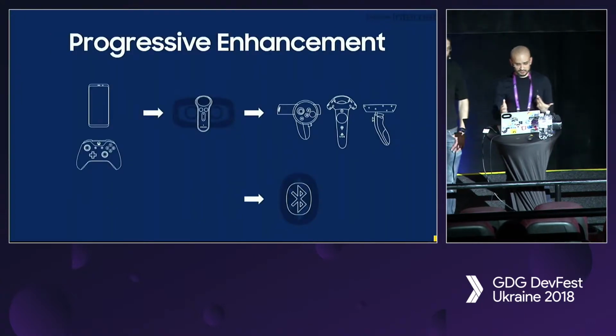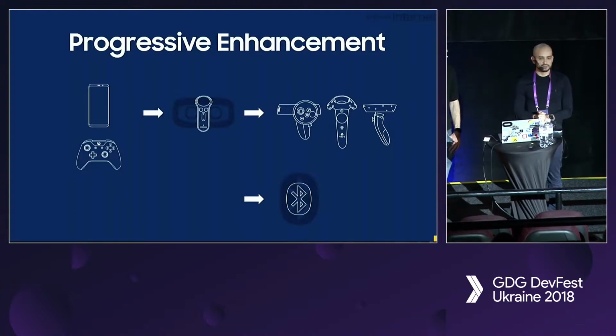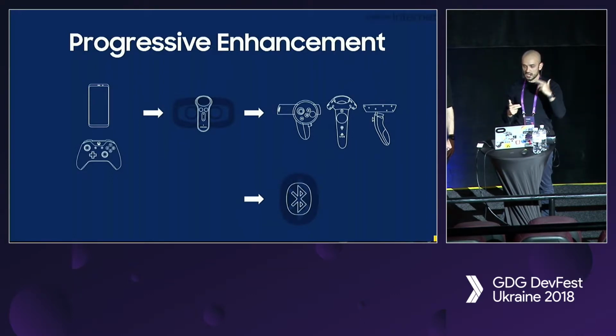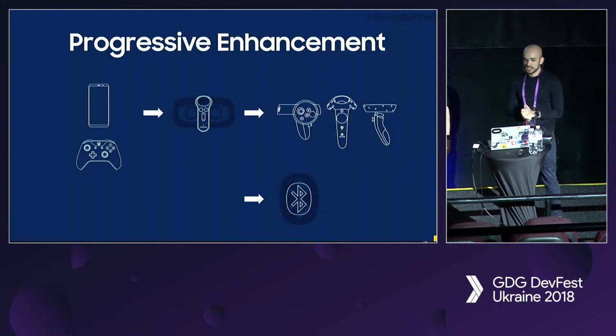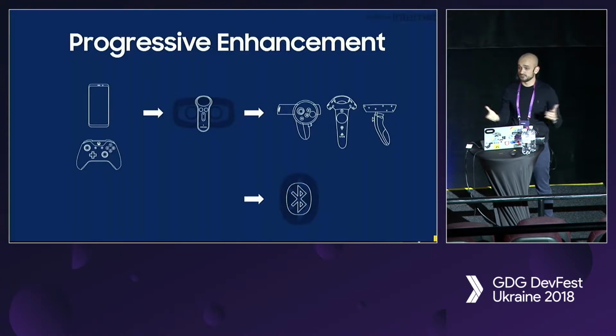And on this topic, we can start thinking about progressive enhancement. We've been doing it for a while, adapting desktop sites to mobile sites. Let's think about how we treat progressive enhancement in a whole new dimension. What type of experiences do I want to enable, and how can I enable these experiences to run in 3 degrees of freedom, 6 degrees of freedom, 0 degrees of freedom?